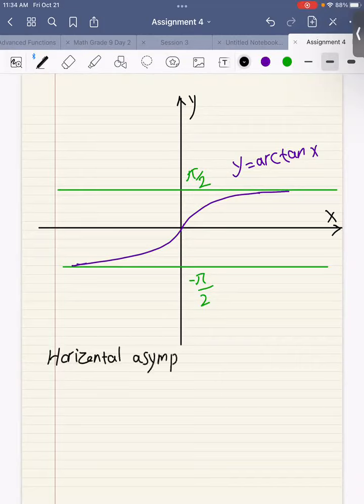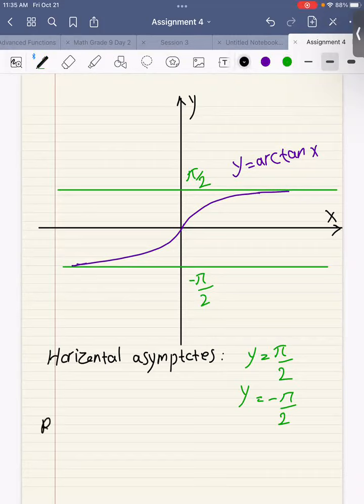One is y equal to pi half, and another one is y equal to negative pi half.